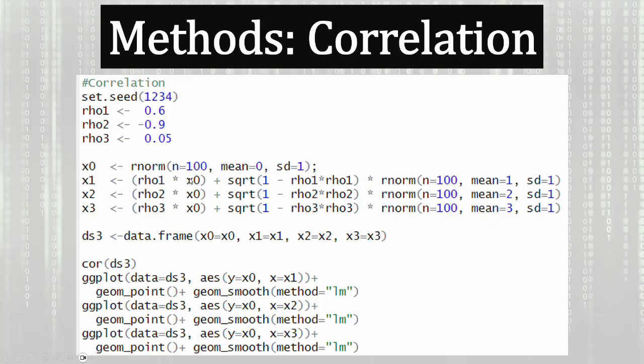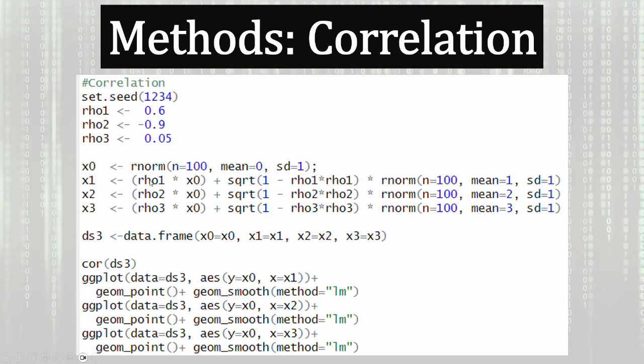The first one is your x0 variable multiplied by your rho, your correlation coefficient. And then you add that to this other thing where you have the square root of 1 minus rho squared, times a value from a new distribution, whatever rnorm of whatever mean and standard deviation you want.